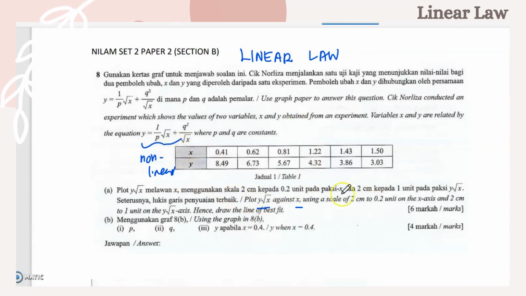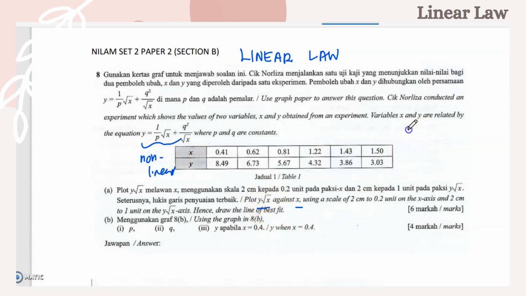Sebab bila dia tak bagi hint, dia tak bagi any information given, actually from the nonlinear you can convert into many forms of the linear. But bila dia dah bagi condition, so means that you kena guna the given ones.